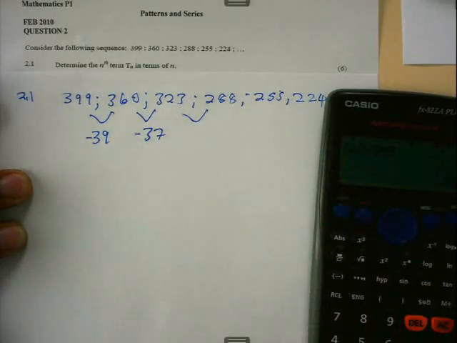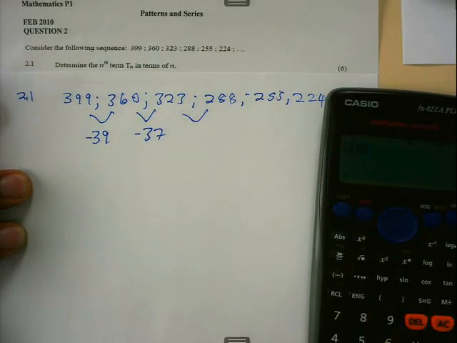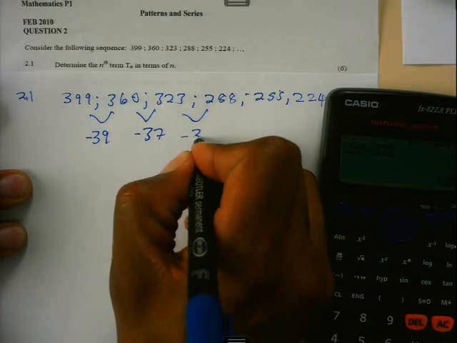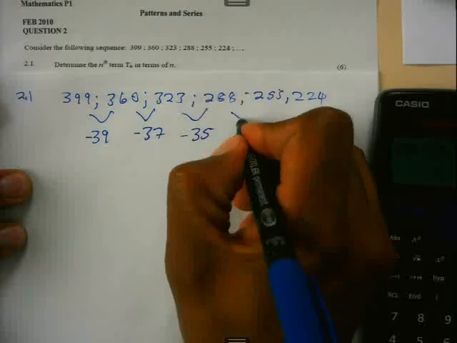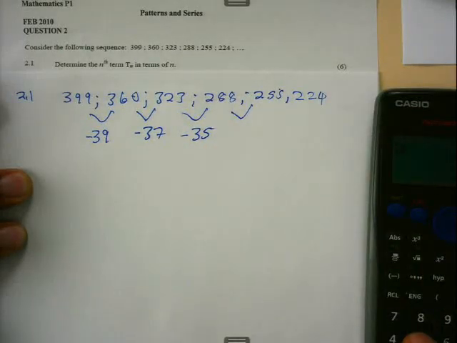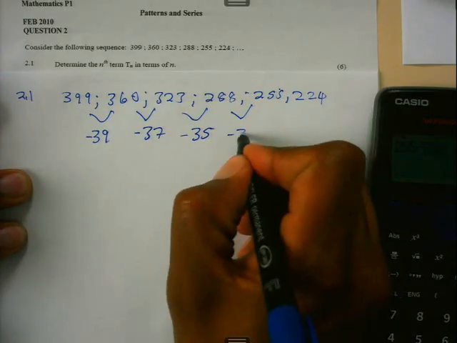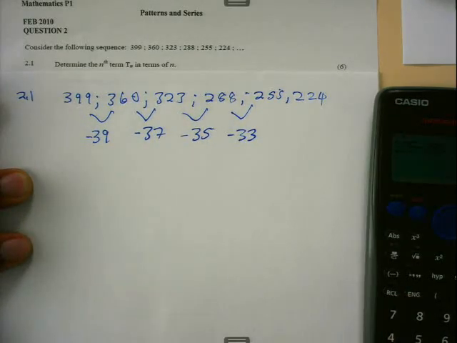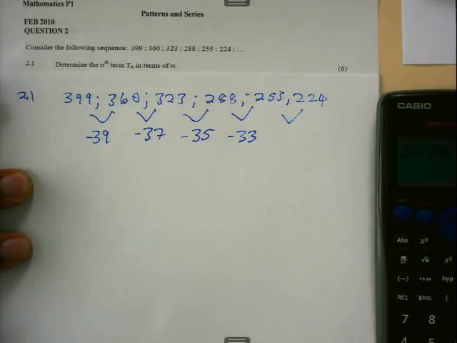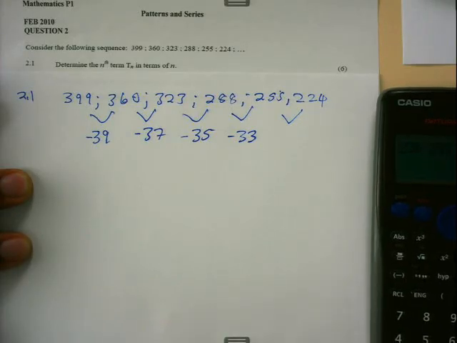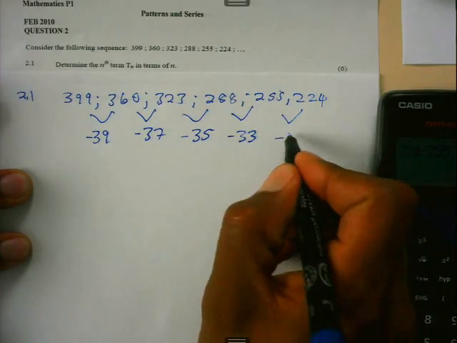Now the other one is 288 minus 323, and the answer is minus 35. Then 255 minus 288 gives minus 33. And the last one is 224 minus 255, which gives minus 31.